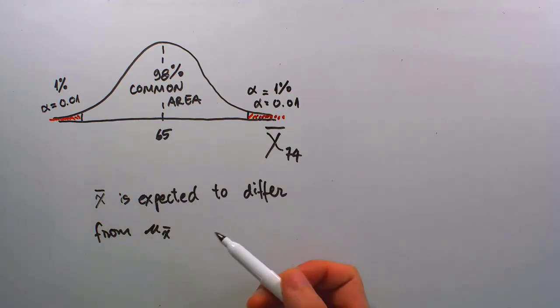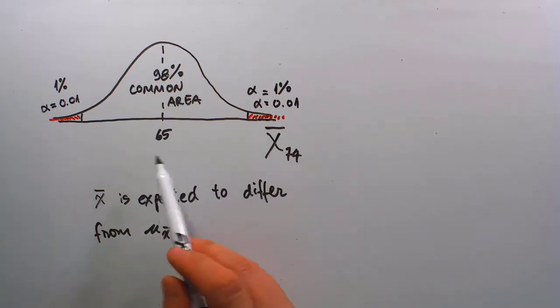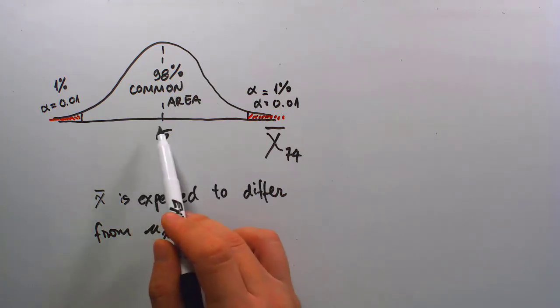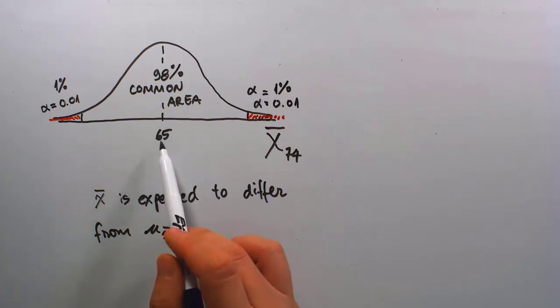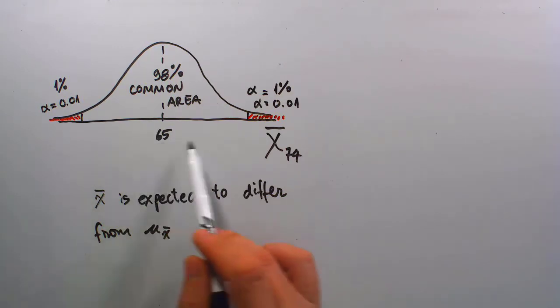It's just the way it is. Or in other words, any sample that we picked up can make some difference with our center, either only a small amount of difference or a large amount of difference.